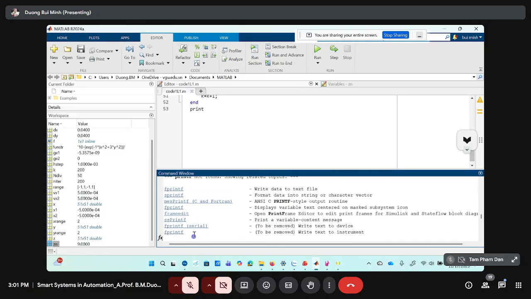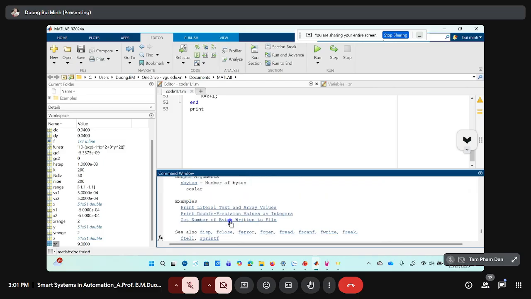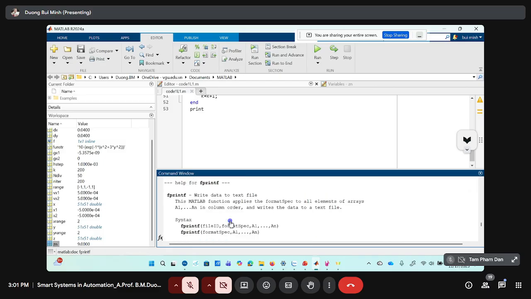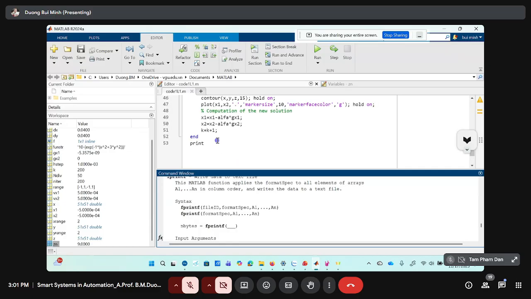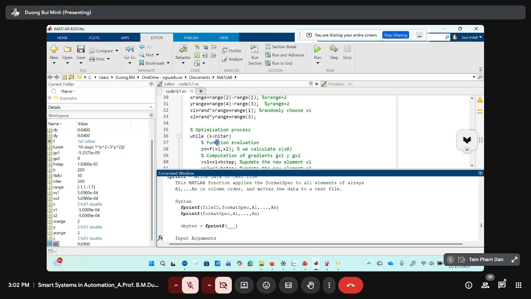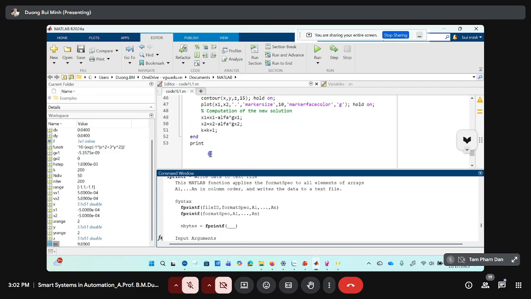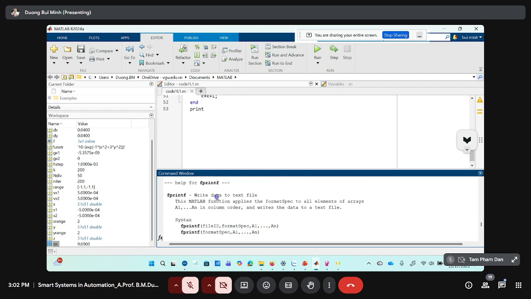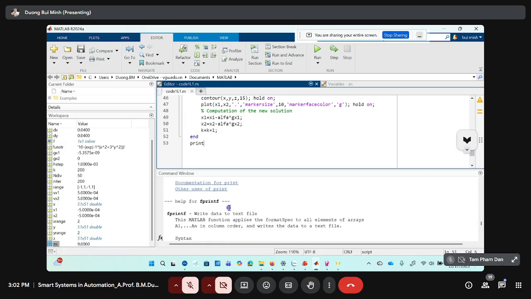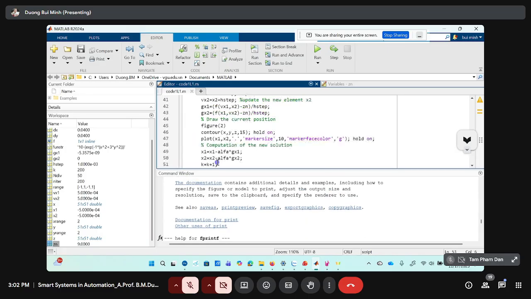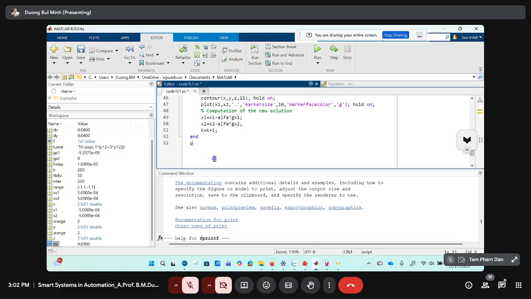Maybe we use F here, we have the format. Anyway, I forgot. Maybe it's next class, I will remember. We can indicate the values Zn, or you can use ChatGPT to analyze this code for you.